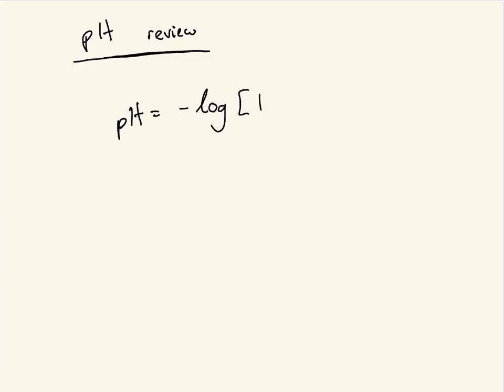And so if we were just to review what pH was, right? pH was just defined as minus the logarithm of the H plus concentration in solution. So how many hydrogen ions are floating around in the solution, and what that does is it affects the equilibrium of the protonation state of the amino acid.